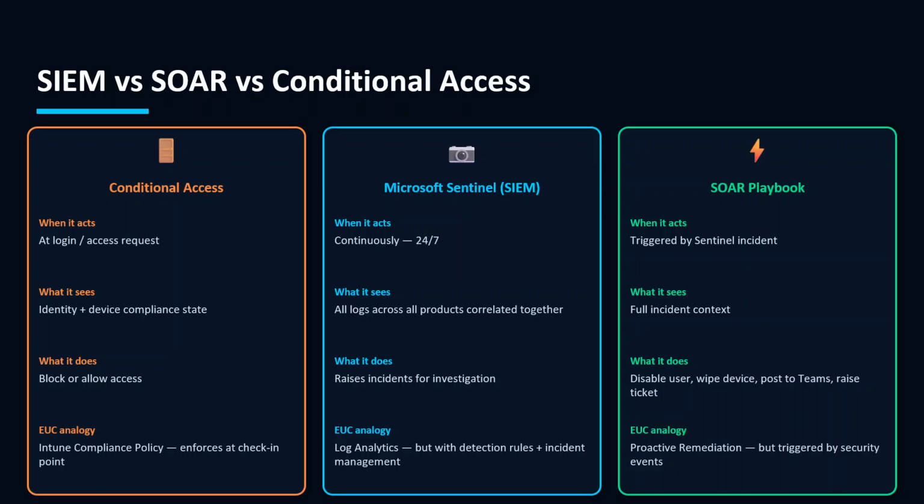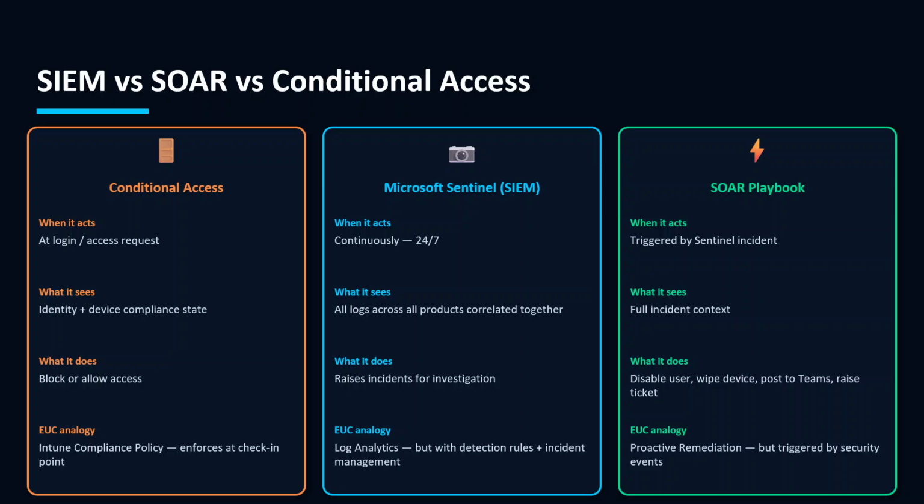For example, a conditional access policy does not know what you are doing after entering and getting credentials. Are you copying files to a USB at 2 a.m.? But Sentinel watches it. The Defender for Endpoint log can detect that unusual behavior and raise an alert.